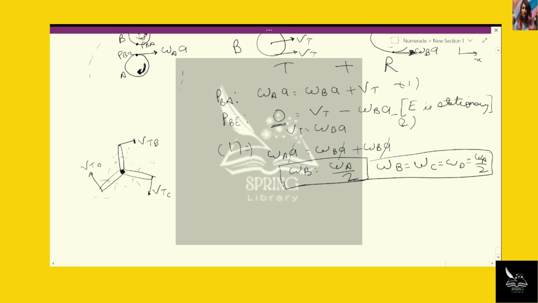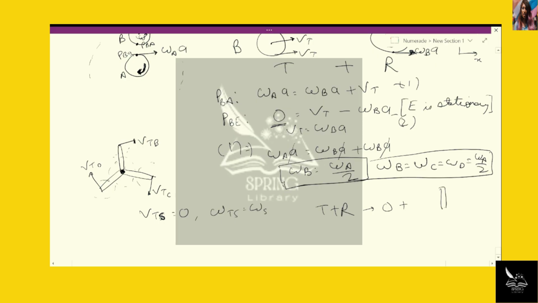Now, the spider doesn't have any translational velocity. The spider is just sitting at its place. So for spider, VTS is 0. And let us assume that omega of the spider is some omega S. So for spider, if we write translational plus rotational motion, this will give us 0 plus the rotation.